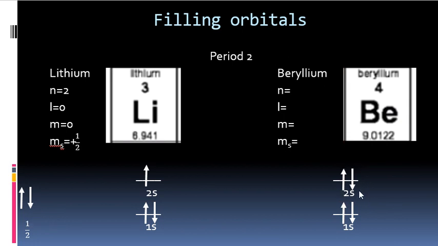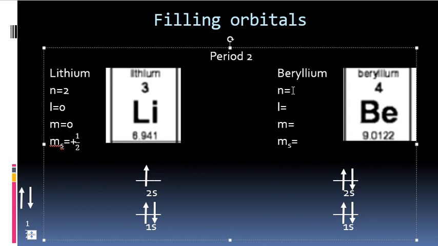Now, for this final electron occupying the 2s orbital in the downward spin position, it would have the following quantum numbers. As an s block element, n will equal the period number, which is 2 in this case.